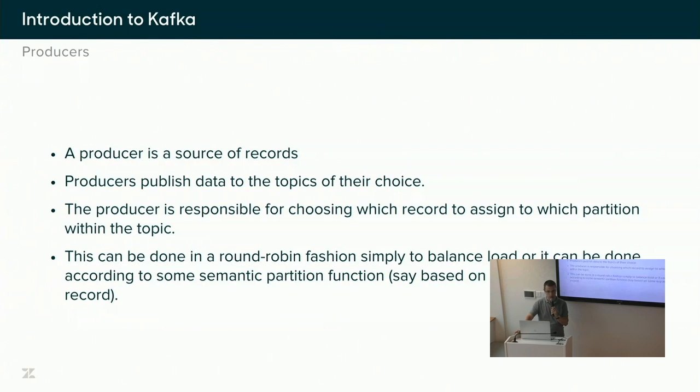So the Kafka client is just going to do a round-robin distribution, and you don't need to think about it. Or if you want to ensure order according to your own business logic, you do it using a semantic function. It is either a string that they apply a hash on, or a function that you define yourself.